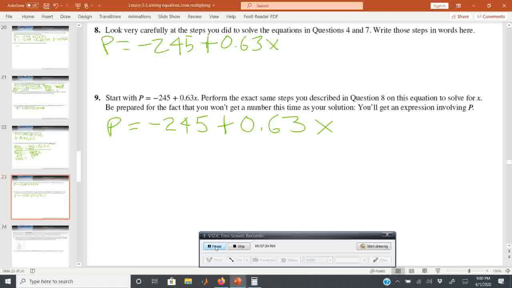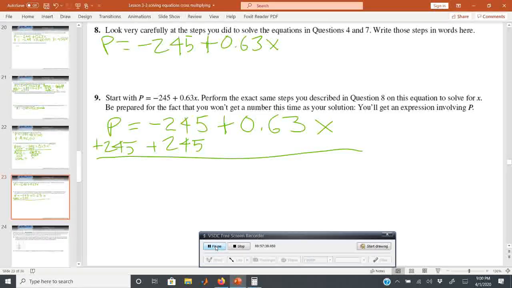So perform exactly the same steps you described in question 8 on this equation to solve for x. So they're really wanting us to take this a step further into a more abstract realm rather than just going through the procedures now.